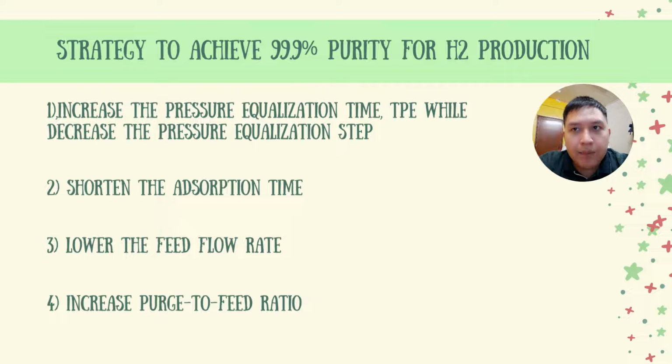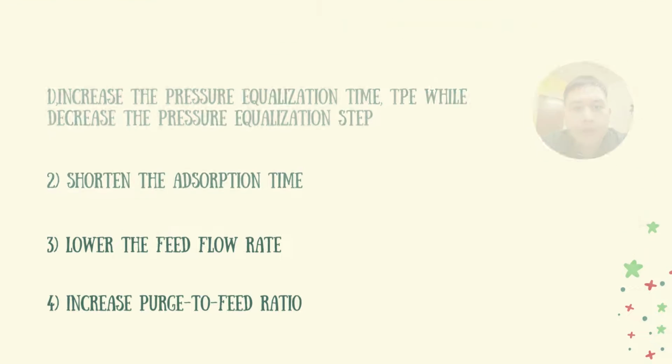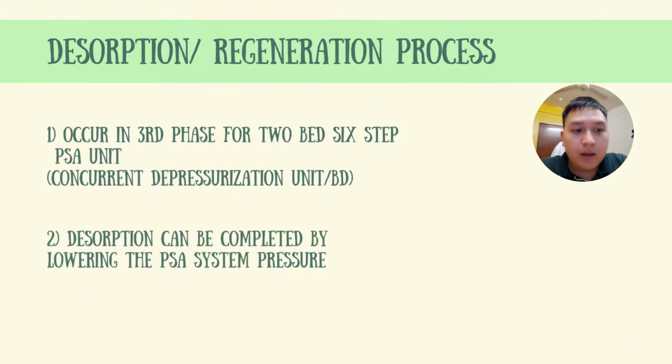Higher purity purge gas, as the purge ratio rises, allows more pollutant to be desorbed and flow out with the purge gas. Desorption occurs in the third phase for the 2-bed 6-step PSA unit, also known as the concurrent depressurization or blowdown. Therefore, desorption can be completed by lowering the PSA system pressure.